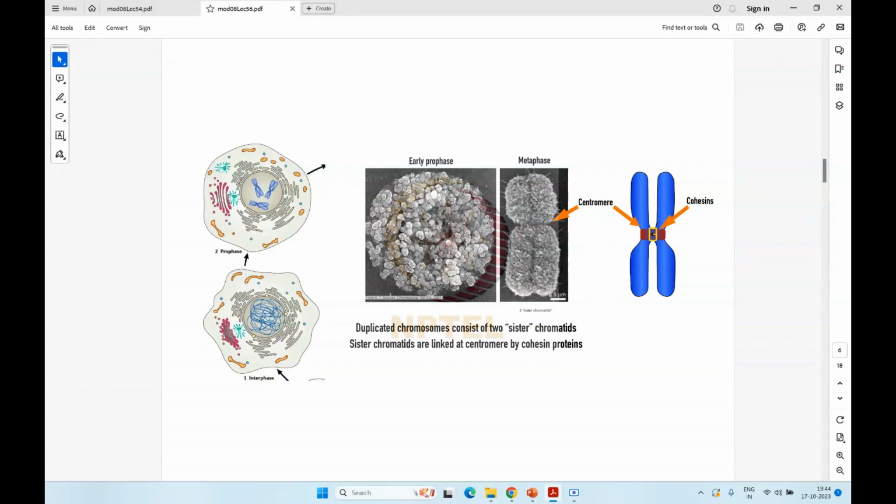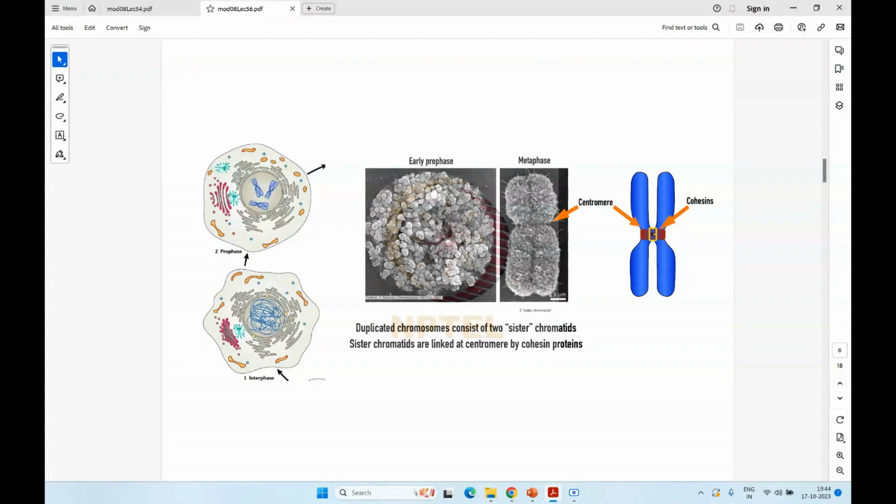It's still in the chromatin form, whereas as it progresses from prophase to metaphase, it is going to condense and form the chromosomal form of DNA, so to speak.